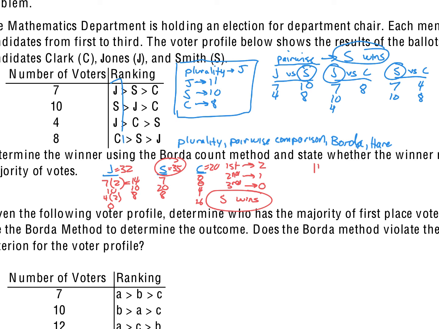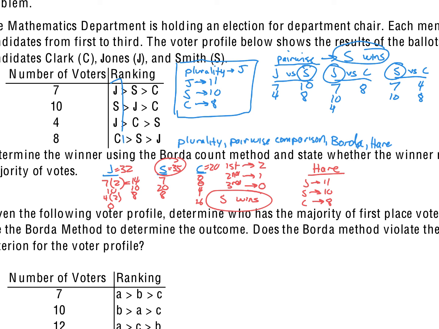Finally, for the Hare method, we just look at the plurality, and we see that J had 11, S had 10, and C had 8. So the question is, did J win, but did it have a majority? So if we count up 11, 10, 8, that's 29, it only had 11 of the 29, so it did not have a majority.